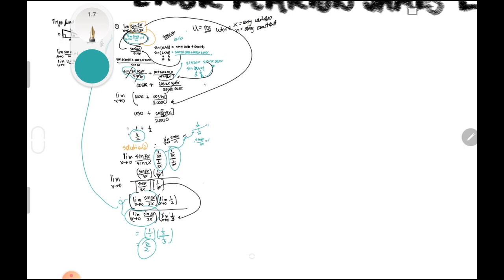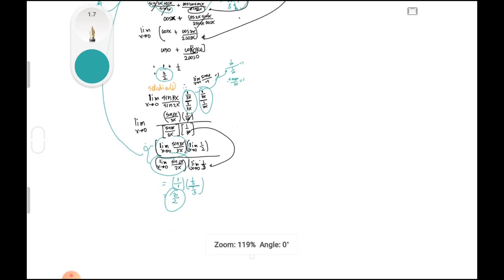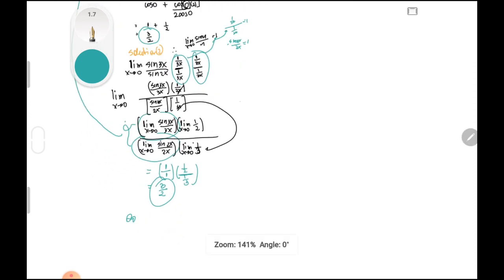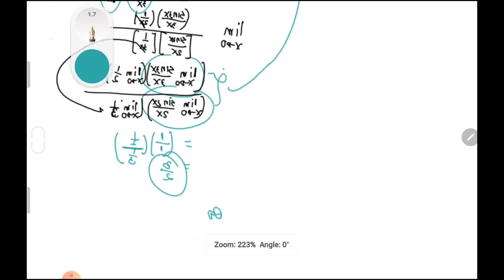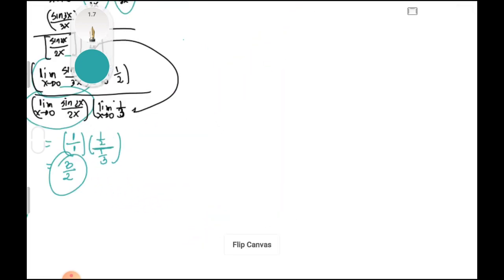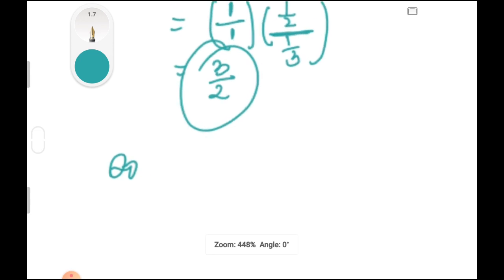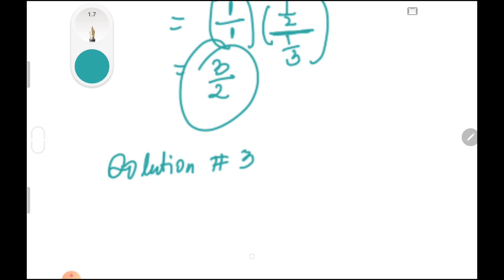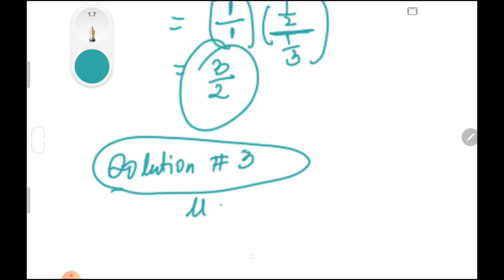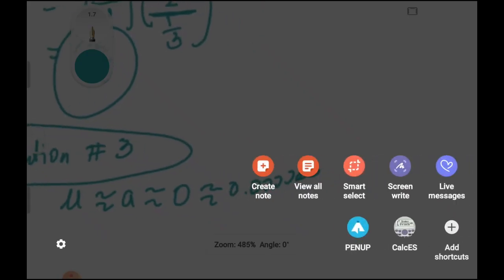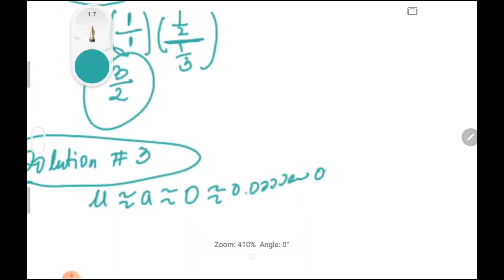Of course, our third solution, solution number 3, is the graphical rule, where u is approximately equal to a, which is approximately equal to 0, like 0.000000001.